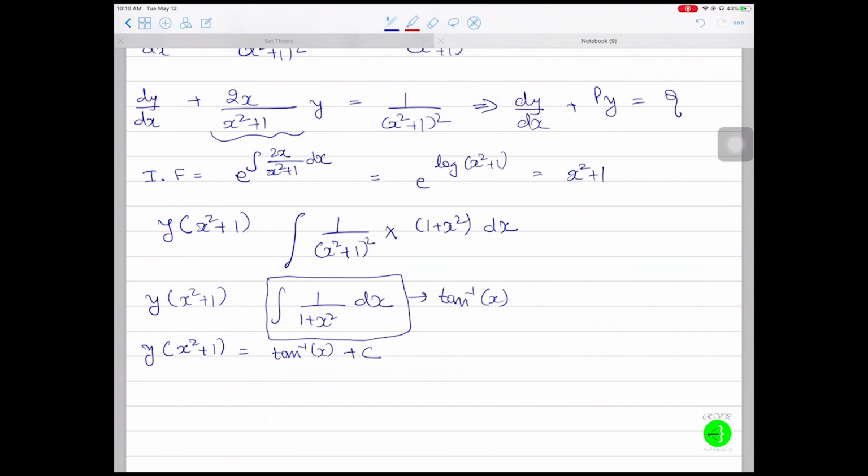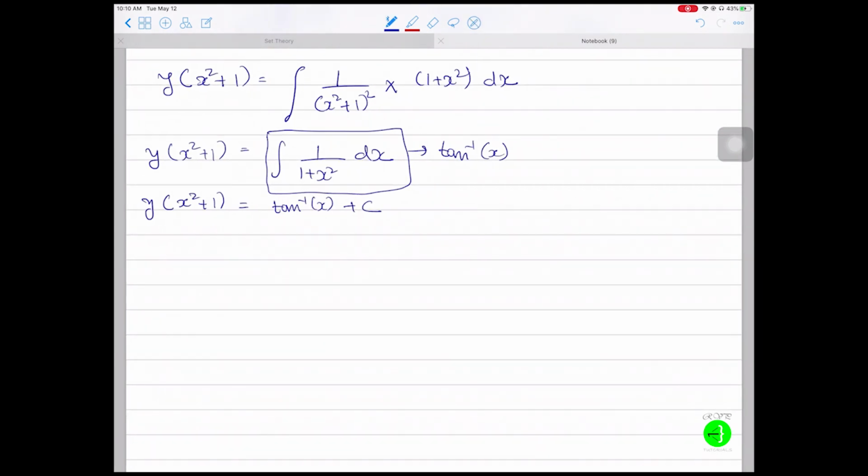And we are given that y of 0 equals 0. So we can easily find out the value of c. Plugging in x equals 0 and y equals 0, tan inverse 0 is 0 plus c, and y of 0 is 0, so 0 equals c. So we know that the solution is y times (1 plus x squared) equals tan inverse x.